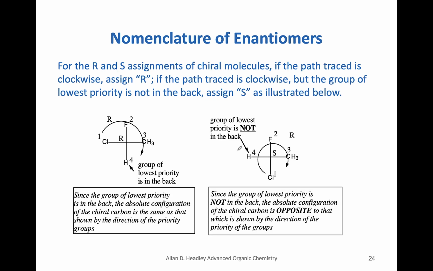Okay, let's look at this one here. What we wanted to show you is that if this group, the lowest priority, is in the back, you go with that. But if it's not in the back, here in the Fischer, the horizontal is in front. As you can see, it's not in the back, so it's opposite to that assignment.